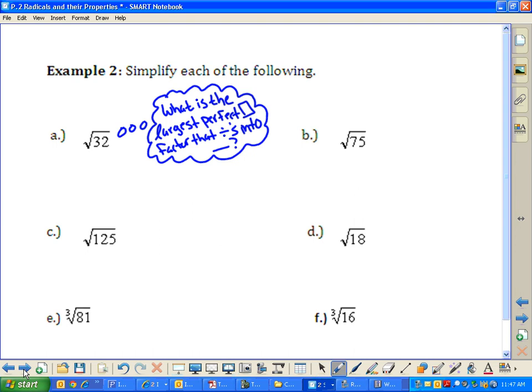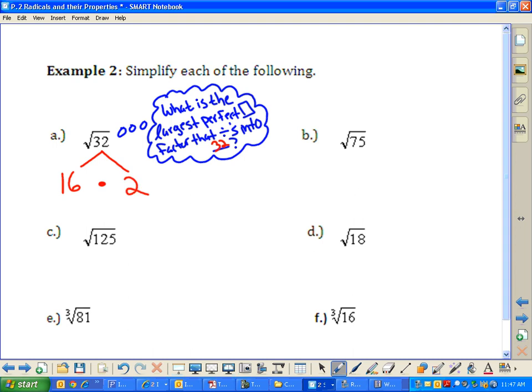And in this case, we're thinking about the number 32. So we have to ask ourselves, in our list of perfect squares that we have memorized, they're also on my door right there, on my closet door, what of those numbers is the largest that divides evenly into 32? What do you think, John? Yeah, good man.